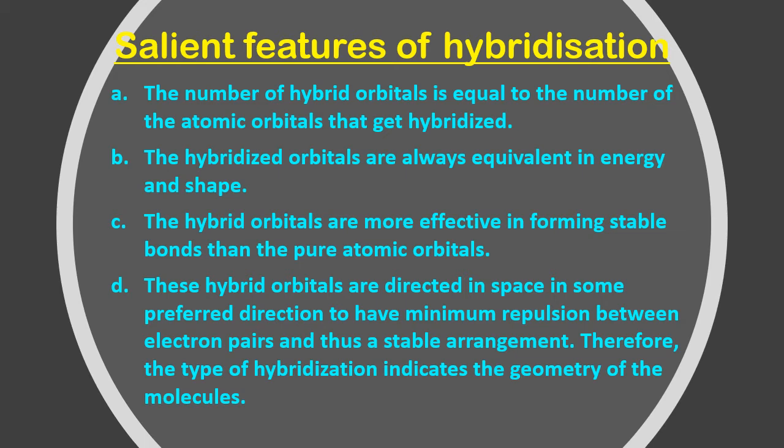So least repulsion, least disturbance, least energy, most stability. And depending upon the type of hybridization, they go for a particular shape. So from the type of hybridization, we can tell what shape it will take, what molecular geometry it will take. Now we have learnt all the salient features.